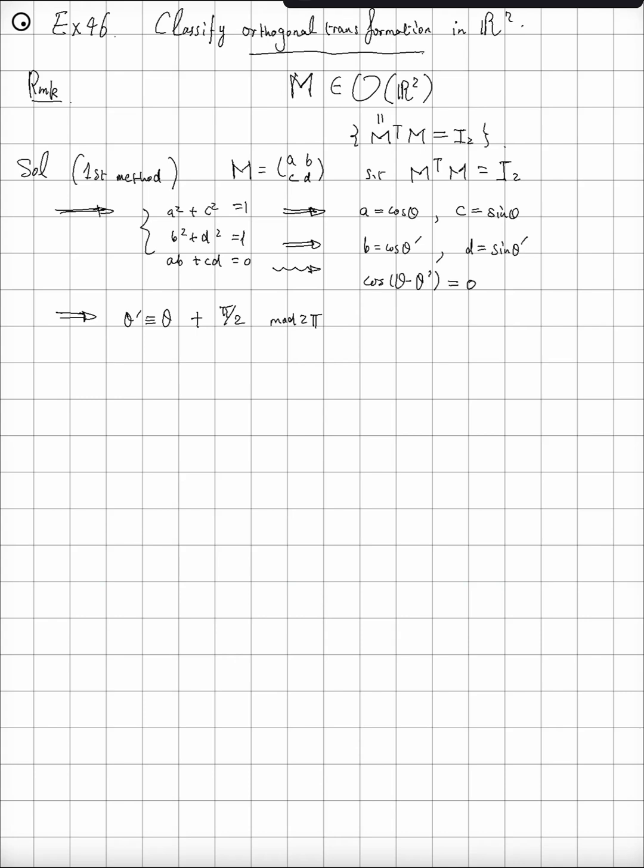So their difference mod 2 pi equals pi over 2, or their difference equals minus pi over 2 mod 2 pi. Or you could summarize to say the difference equals pi over 2 mod pi.